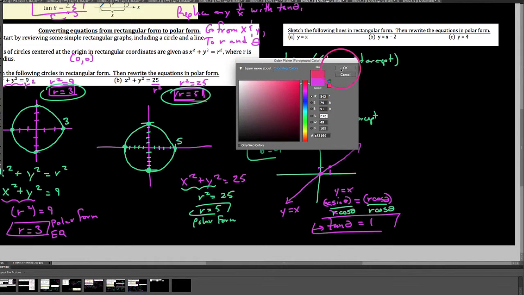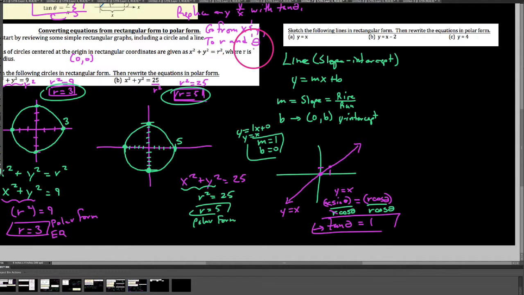If there is no r value in the polar form of the equation, then solve for theta.